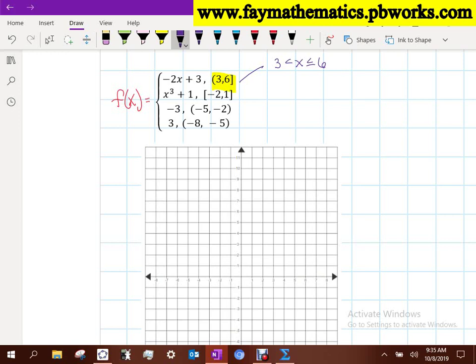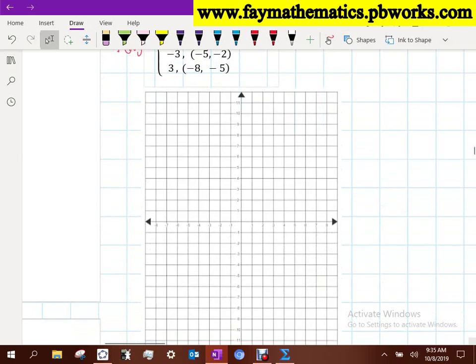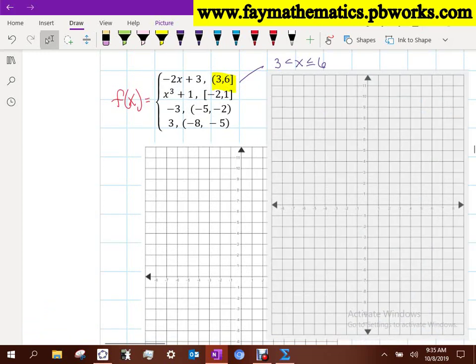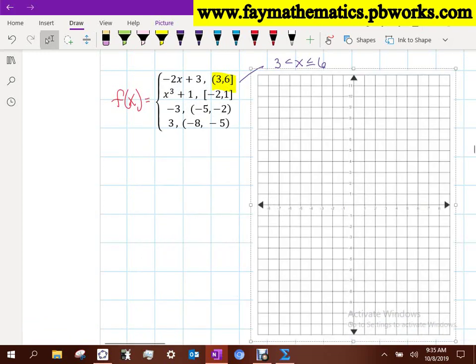All right. So I want to graph -2x plus 3 between 3 and 6. I'm going to first plug in what x value, Chuck? 3. Okay.